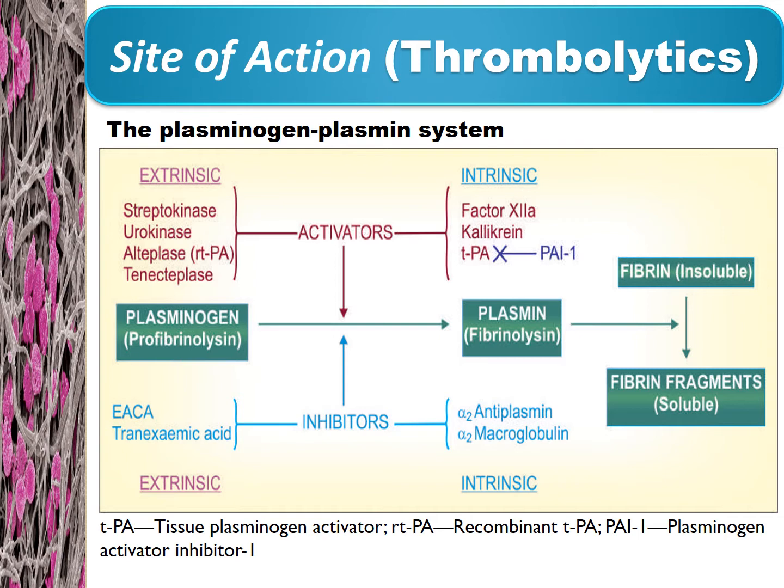The enzyme responsible for the digestion of fibrin is a serine protease, that is plasmin, generated from plasminogen by tissue plasminogen activator, which is produced primarily by vascular endothelium. The plasminogen circulates in plasma as well as remains bound to fibrin.